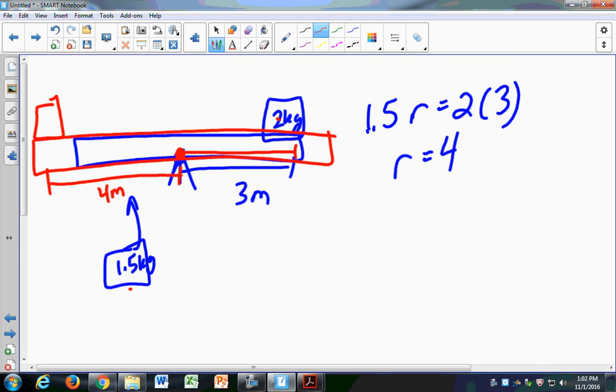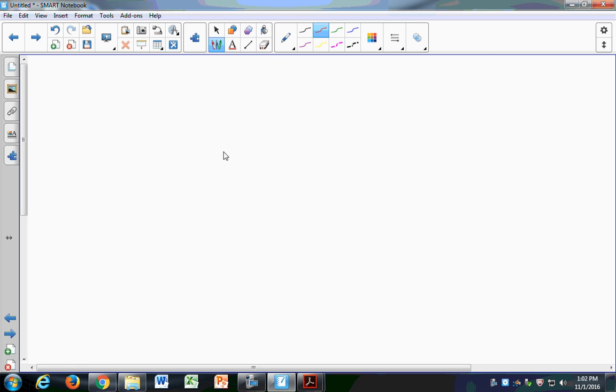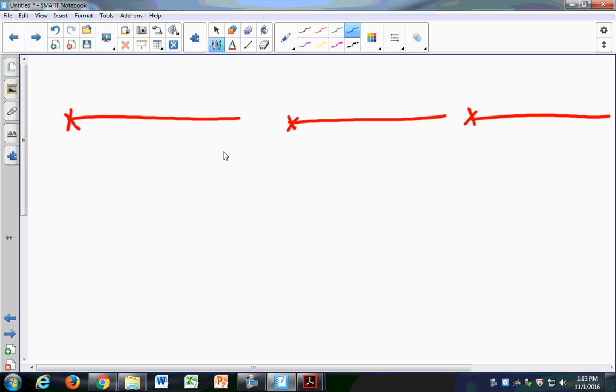And then the last thing that you'll see, like in the concept test, I'll give you several objects that all rotate about the same axis, and I'll give you some forces. And I'll ask you to rank them from biggest to smallest torque.